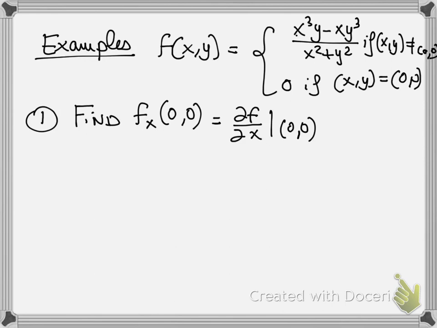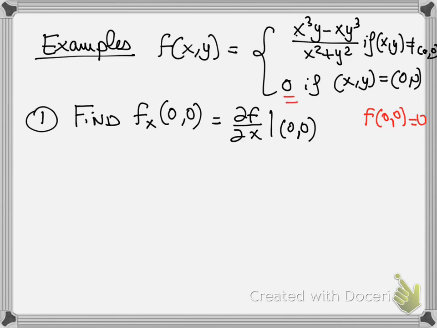Here, guys, you need to understand that the derivative at a point is not about the value of the function at the point, but about the values of the function in the neighborhood of the point. Here, f of 0, 0 is 0, right?